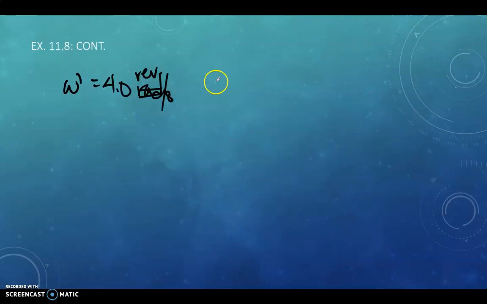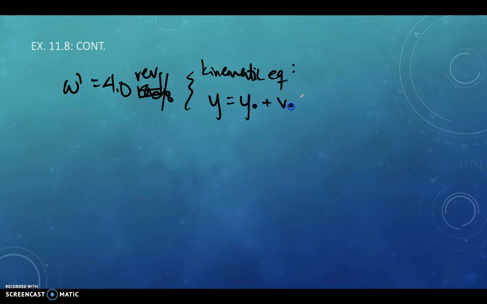So we need to find a way to calculate the time, and then therefore we can calculate the number of revolutions. So remember that from kinematic equations, we have y is equal to y naught plus v naught t minus 1/2 gt squared.